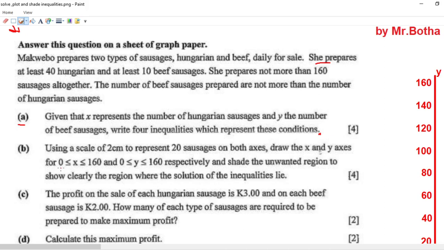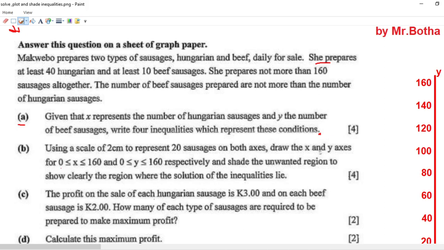On both axes, you will need to have the x-axis from 0 to 160, and the y-axis also from 0 to 160, where 2 centimeters represents 20 sausages of whichever type.